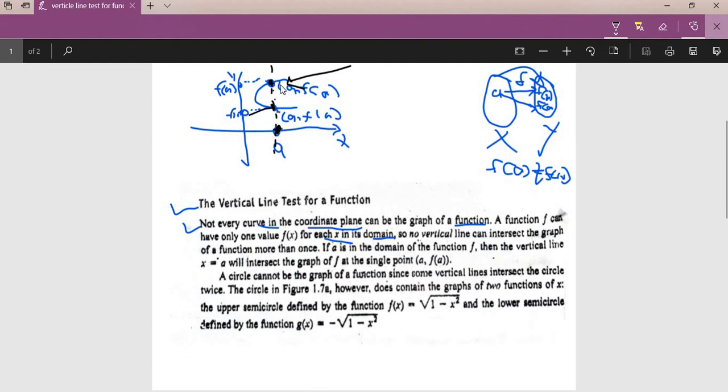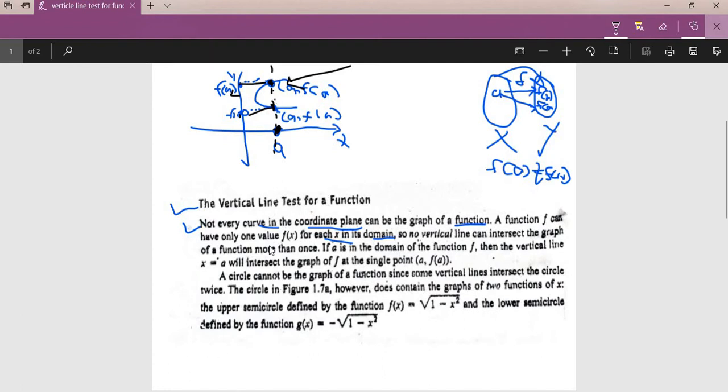Let's say this is f of a1 and this is f of a2, and we see that both are different points. So that is the reason: if a vertical line touches a curve at more than one point, then that is not said to be the graph of a function.